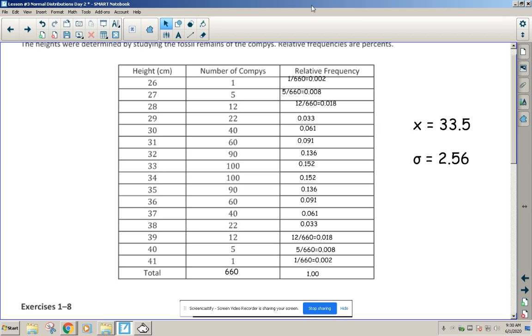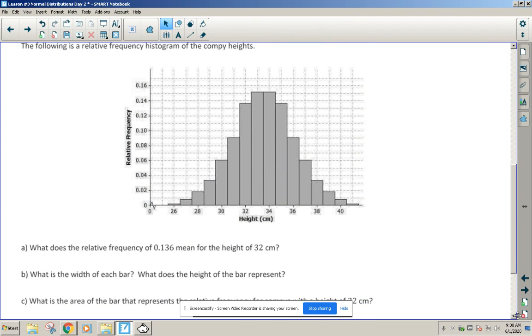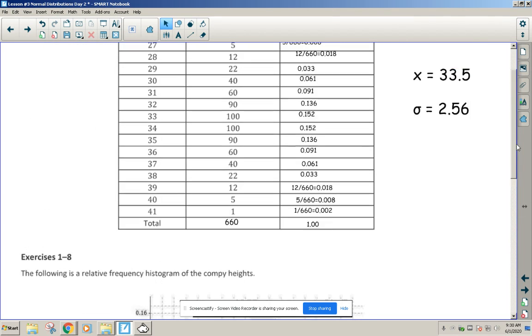So if you come down the page, it now gives you this graph. And they're asking you now to analyze the graph. So if you notice, the mean that you got from above, which actually I'll slide on down so we can see it.